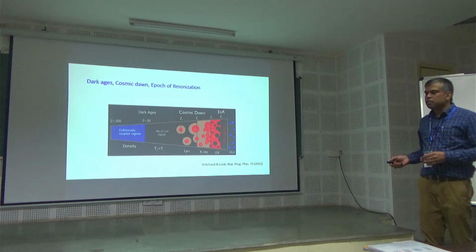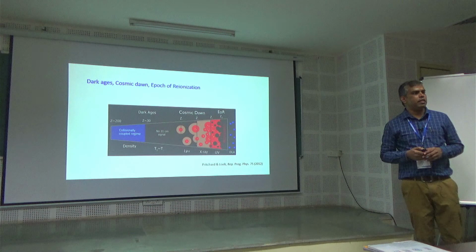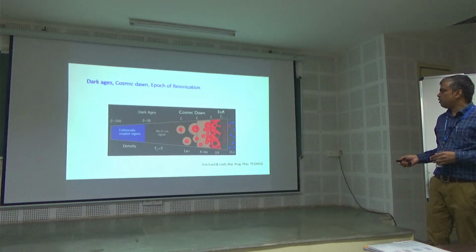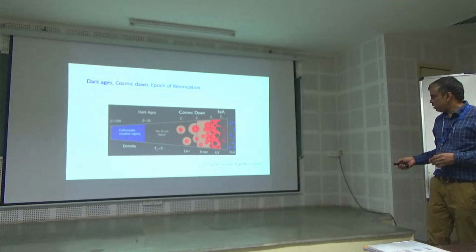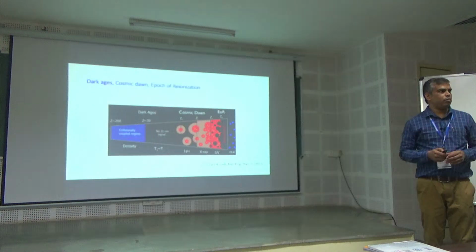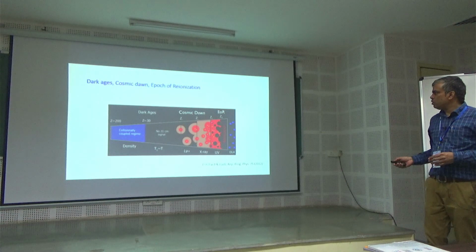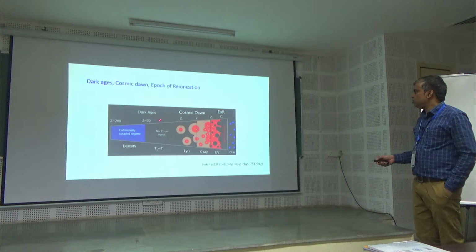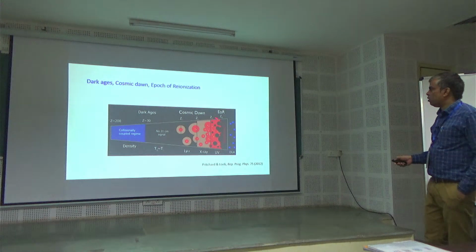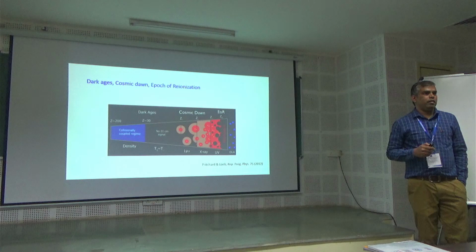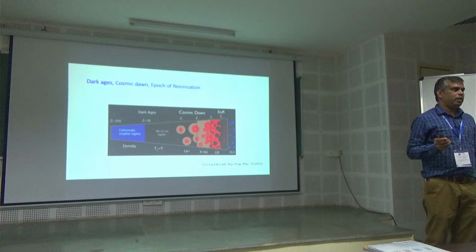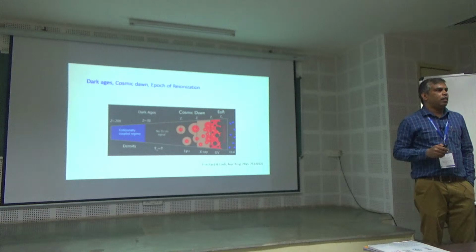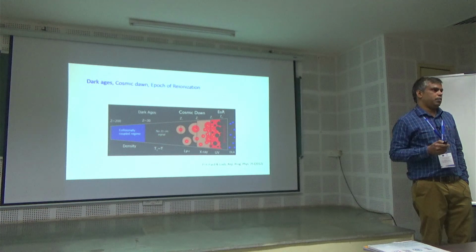At around redshift 6, almost 99% of neutral hydrogen got ionized, and the epoch after redshift 6 is known as the post-reionization epoch. So this is of our interest. We study the epoch of reionization and cosmic dawn, and there are several probes, and we are interested in observing this epoch using the global 21 centimeter signal.